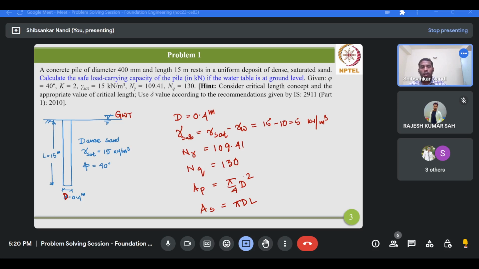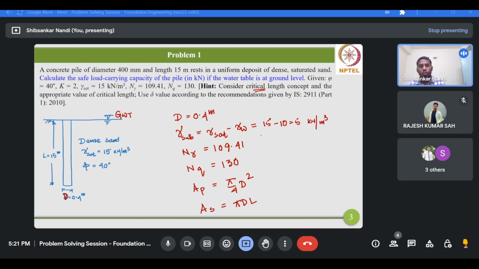One more thing to keep in mind is that we have to consider the critical length concept, and accordingly adopt the value of critical length.